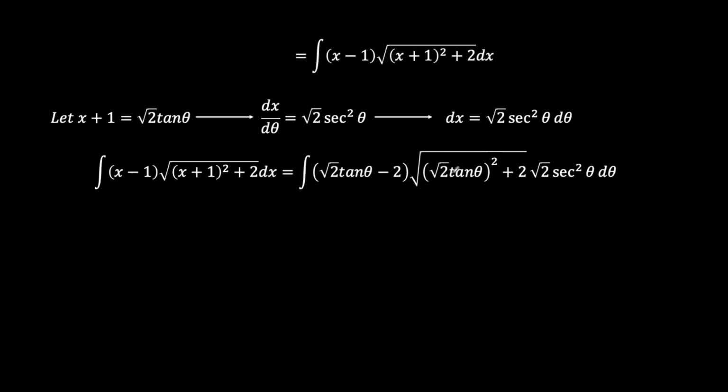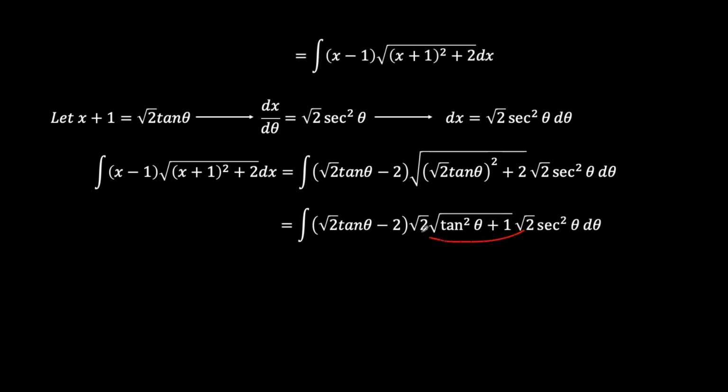And then the bracket in the square root sign, square root of 2 tan theta squared plus 2. And as you can see, when you square the square root of 2 here, it becomes 2, and then pull that out, and you get root 2 as the constant. Okay, and then for dx, we have square root of 2 sec squared theta d theta.